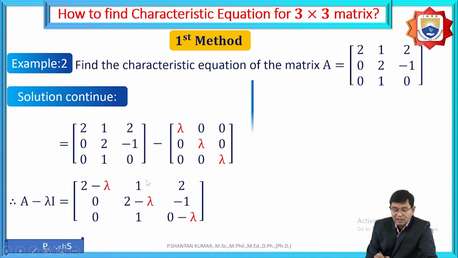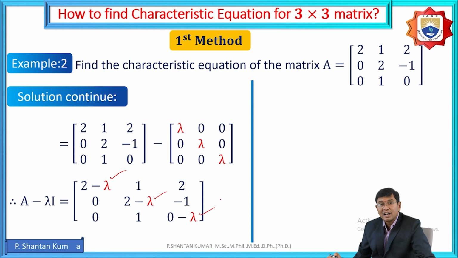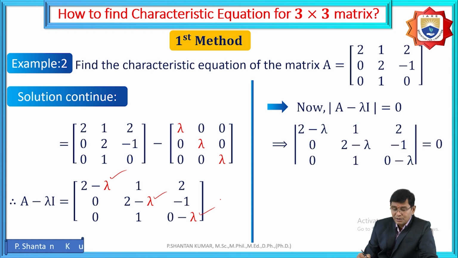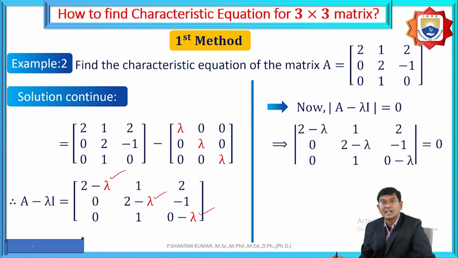Here the diagonal elements each have minus lambda. It is only a matrix, a characteristic matrix only. But they are asking us to find the characteristic equation. That means we need to find the determinant of A minus lambda I equal to 0. So we apply the determinant of the matrix with 2 minus lambda, 1, 2, and this is the determinant we need to find.